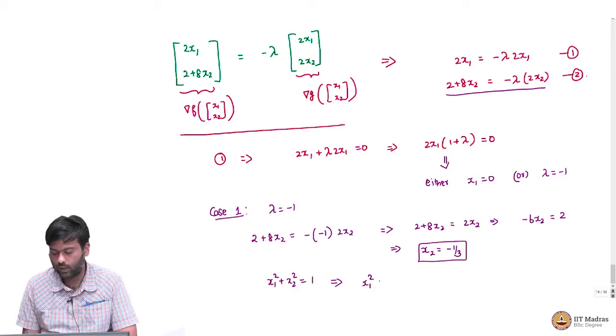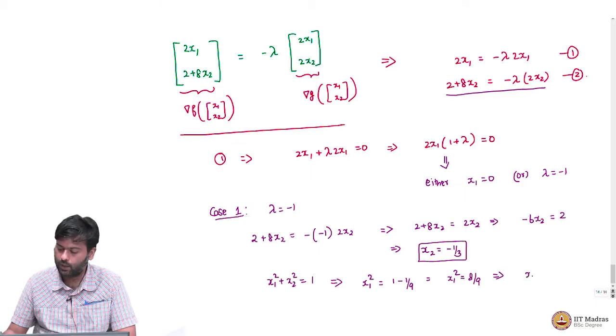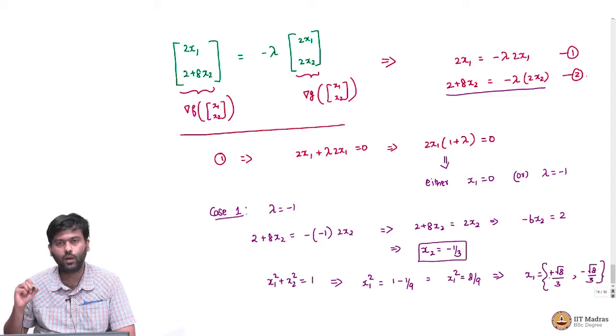So x1 squared would be 1 minus x2 squared, which in this case is 1 over 9, which means that x1 squared is 8 over 9, which means x1 is either plus square root of 8 by 3 or minus square root of 8 by 3, right. So there are two options for x1.